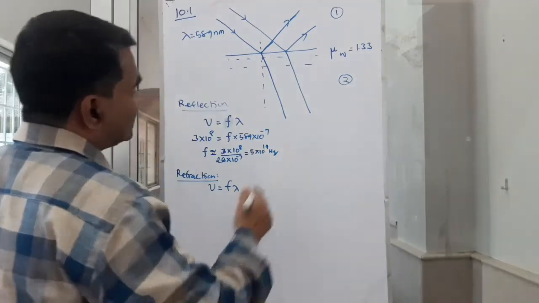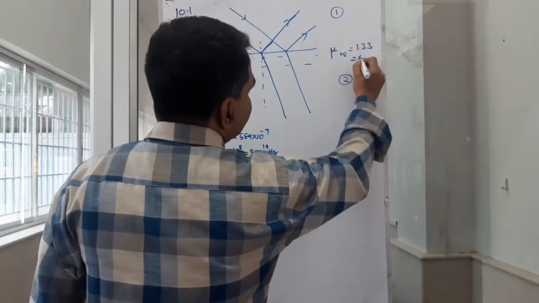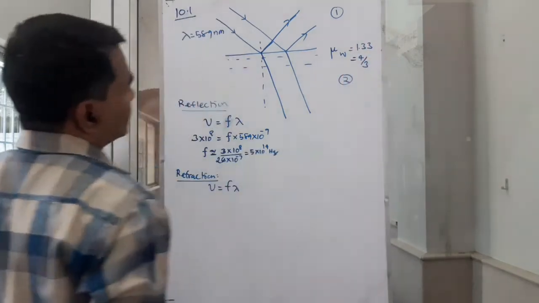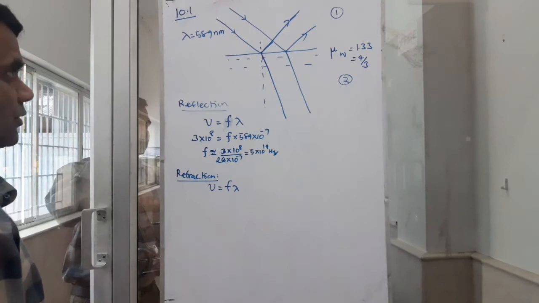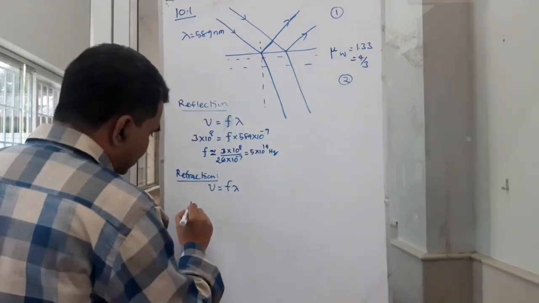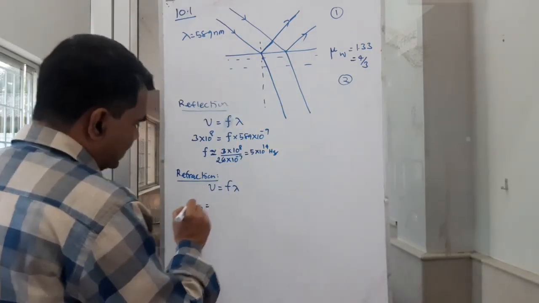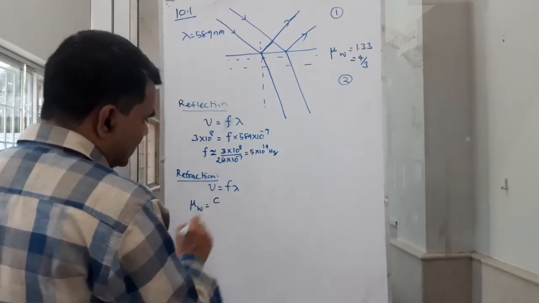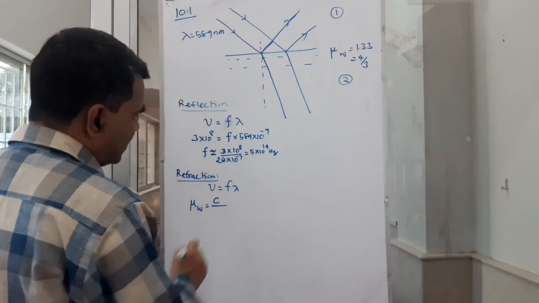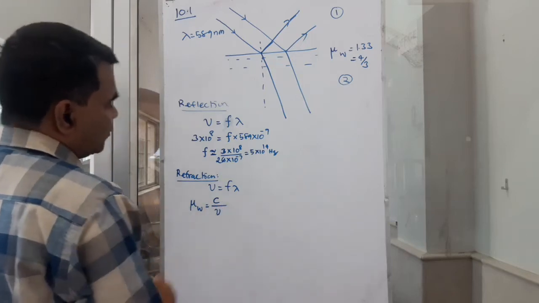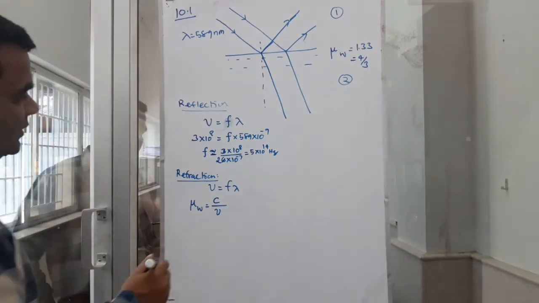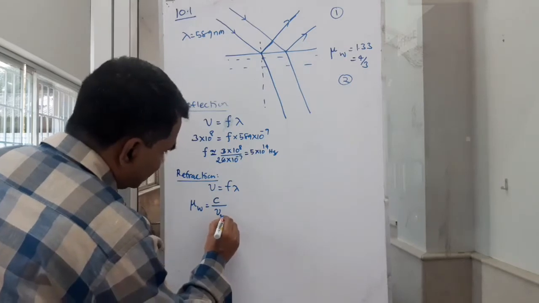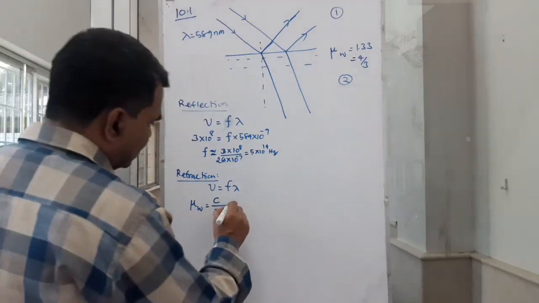So 1.33 is actually 4 by 3, and that's what I'm going to use. So what does the refractive index mean? Refractive index of water means the speed of light in air or vacuum divided by the speed of light in water, and this is equal to 4 by 3.